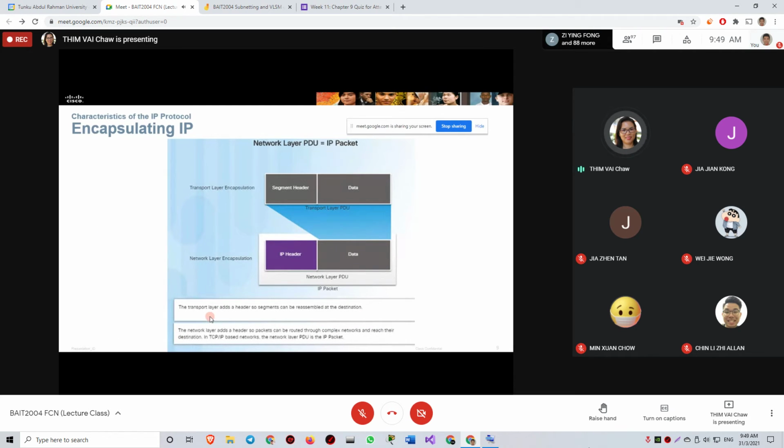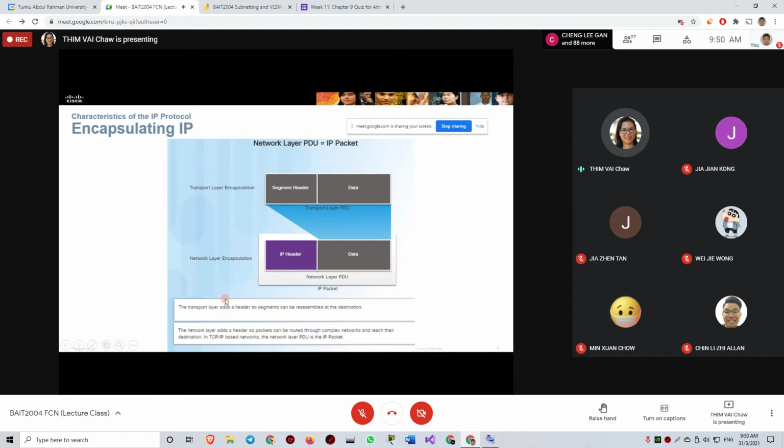From this slide, I just want to show you that the segment header under your transport layer, passing down to the network layer, has been added into the IP header over this side. So the network layer will do the encapsulation, the transport layer also will do the encapsulation, including your data link layer.